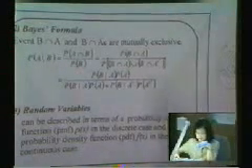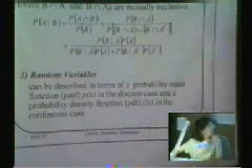Okay. So the next is the random variables. The discrete and the continuous ones. Probability mass function PMF and probability density function PDF.